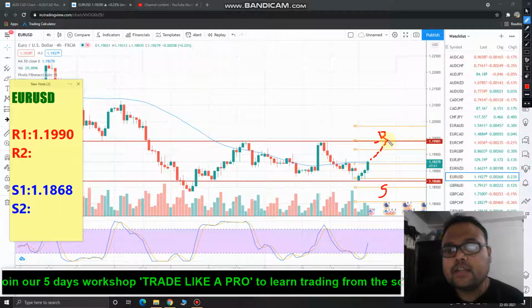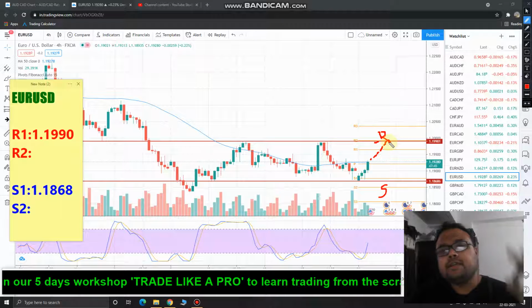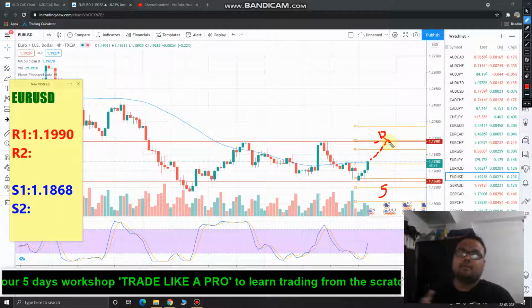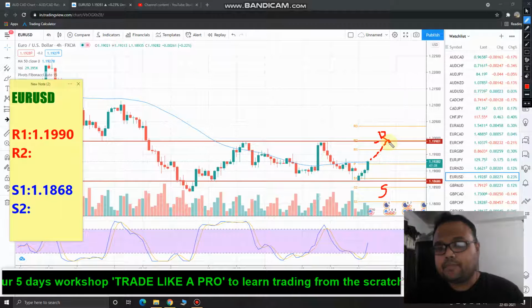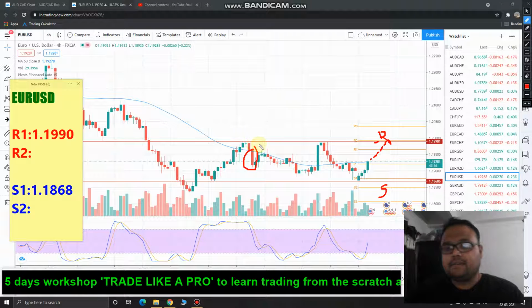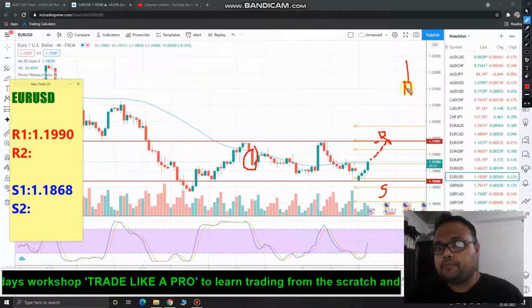In that case, you can short the market here, if you spot some price rejection from above or good signs of struggle, like a big red candle like this, or a shooting star kind of pattern like this.